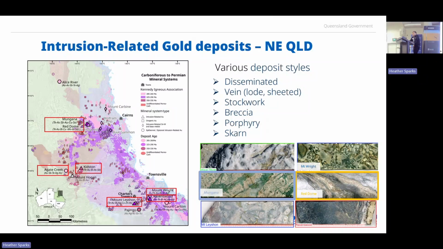These are dominantly gold deposits, mostly concentrated around the Charters Towers province, in Georgetown, and in the outskirts of southern Cape York. So that's where we're going to focus the rest of the conversation.